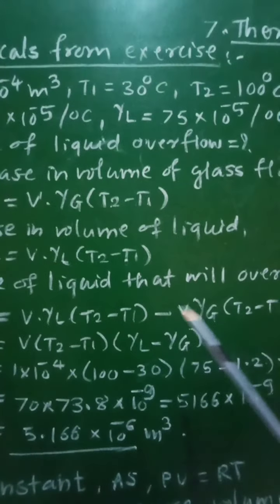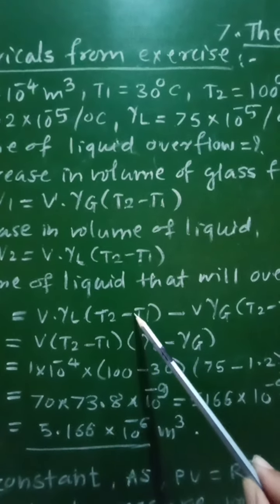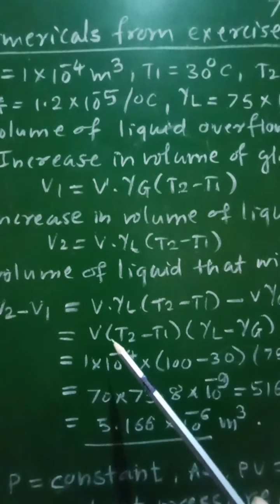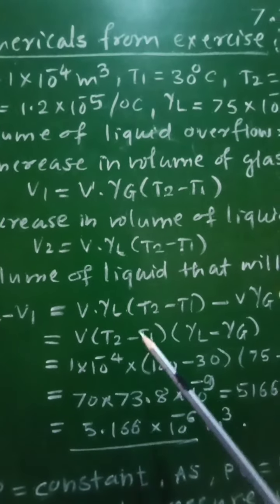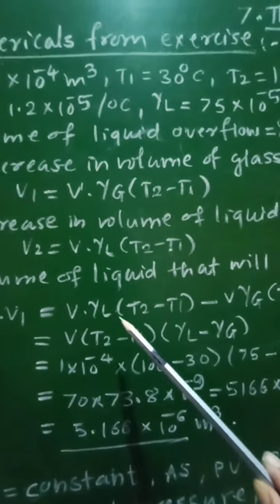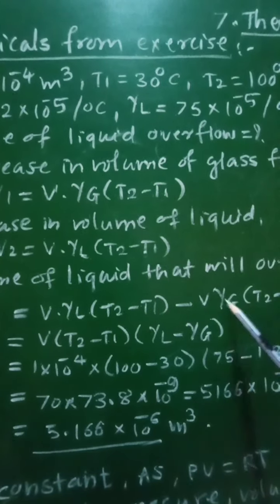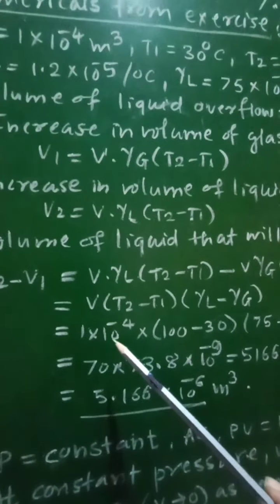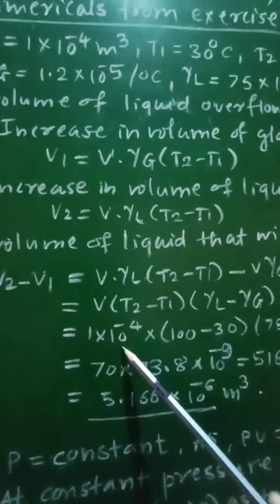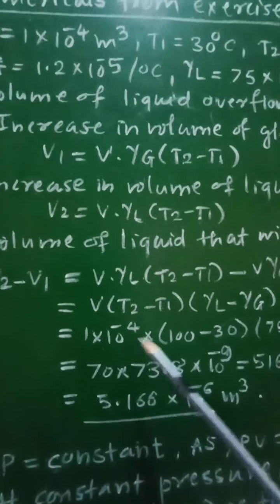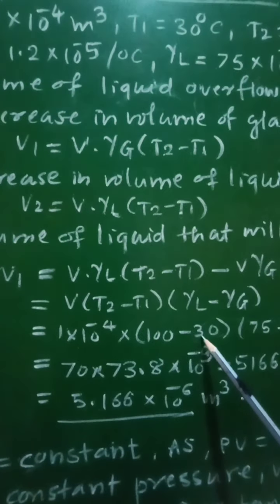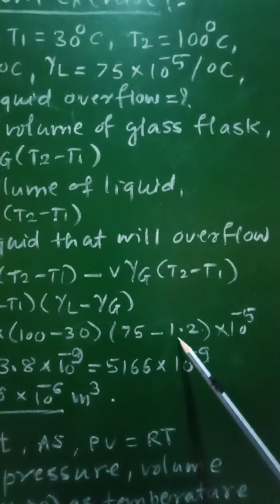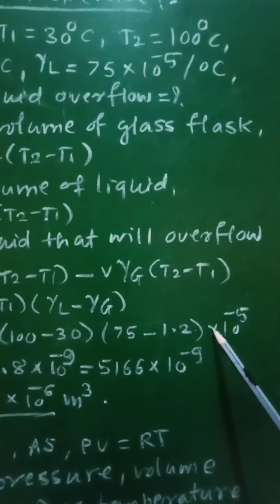From these two terms, Phi and T2 minus T1 will be taken common, and therefore we can write Phi into T2 minus T1 into gamma L minus gamma G. Therefore putting the values, we will get 1 into 10 raised to minus 4 into 100 minus 30 into 75 into 10 raised to minus 5 minus 1.2 into 10 raised to minus 5.